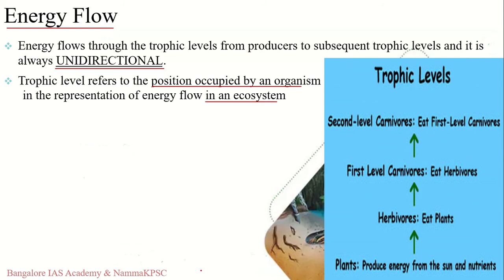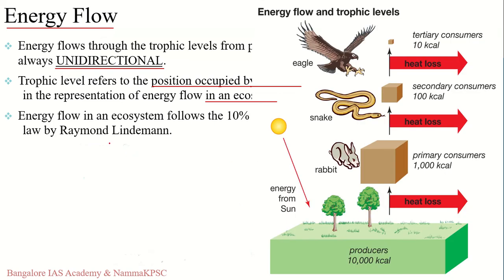Now, if there is transfer of energy between these levels, I want you to understand something. The laws of thermodynamics say that whenever you have transfer of energy from one system to another, the process of transfer is never 100% efficient, and there is always loss of energy, usually in terms of heat.